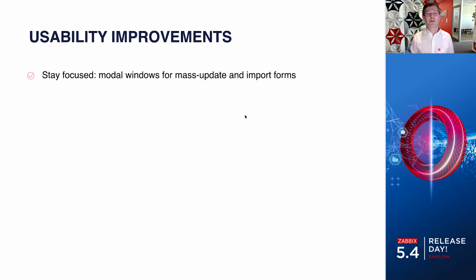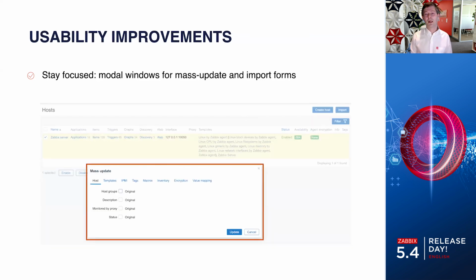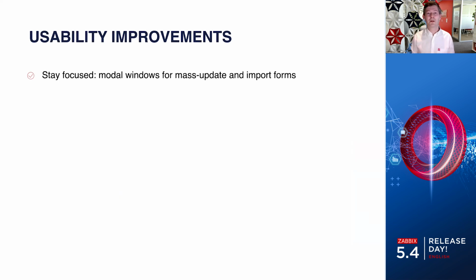And we have introduced some modal windows for mass update and import forms. This is just a very small step in this direction, but still, I think it's important. So when you select a list of hosts and you want to do some mass update operation, you stay in this list. You don't go to a separate page. Kind of minor features, but it really improves the usability of those features.